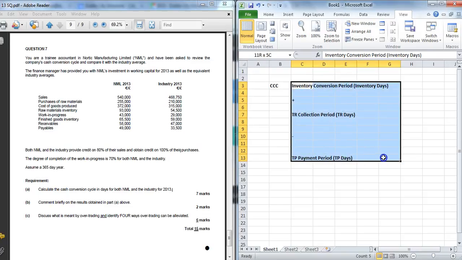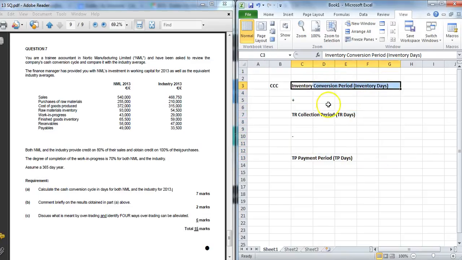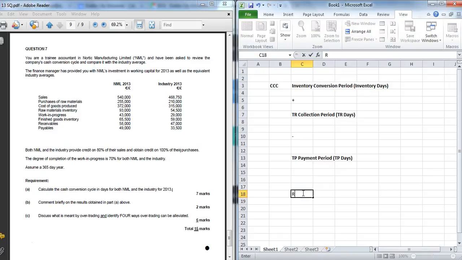Typically there's 3 main ratios. You have inventory days ratio, trade receivable days, and trade payable days. However, in a manufacturing company, inventory days will typically be split into 3: raw material conversion period, work in progress conversion period, and then finished goods conversion period.